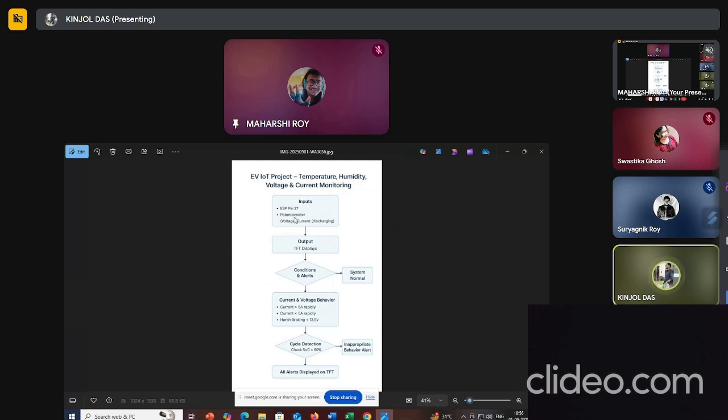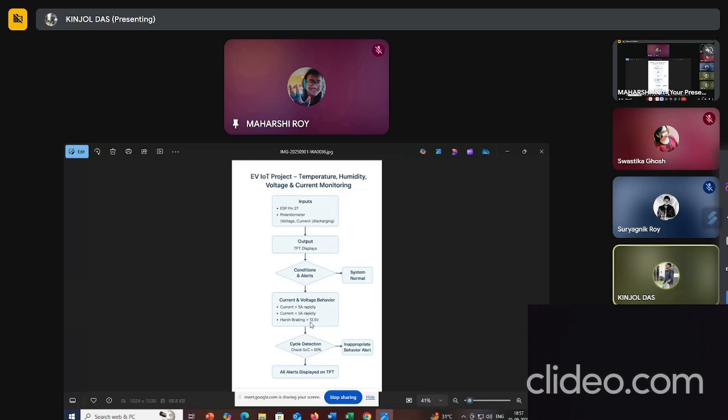Then the potentiometer is simulating the voltage and current. Then the output is given on the TFT display. There will be condition checking, all the condition checking that I have discussed earlier: whether humidity is high, whether temperature is high, whether rash driving is occurring or not. All these things will be checked by the microprocessing unit, and then the current and voltage behavior will be measured.